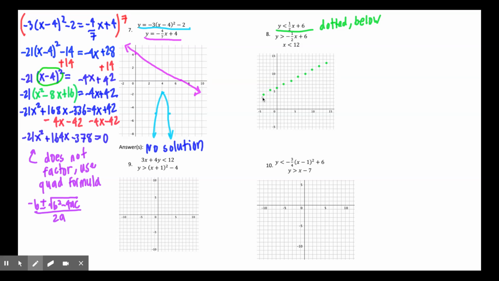So we connect them with a dotted line, which I clearly could use some work drawing. Okay, and then below, so I just make a little arrow. Ooh, that is not the best.